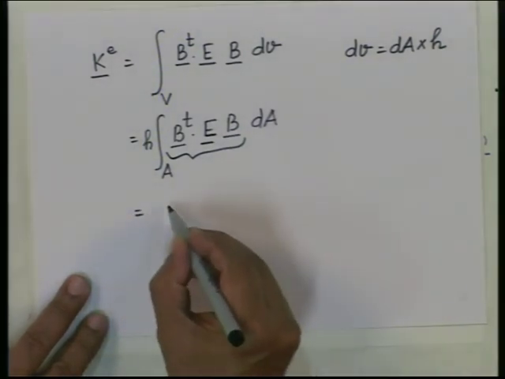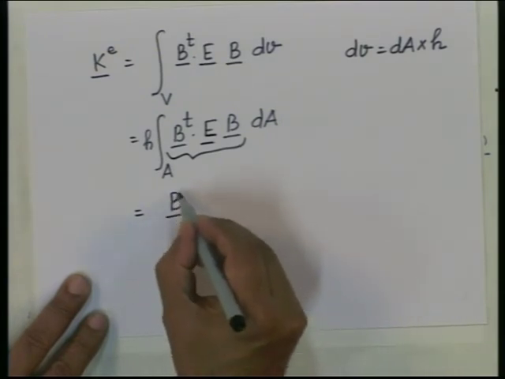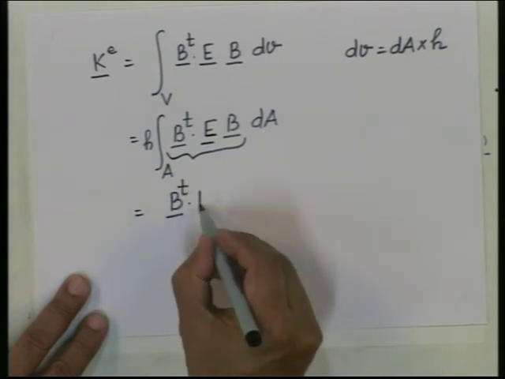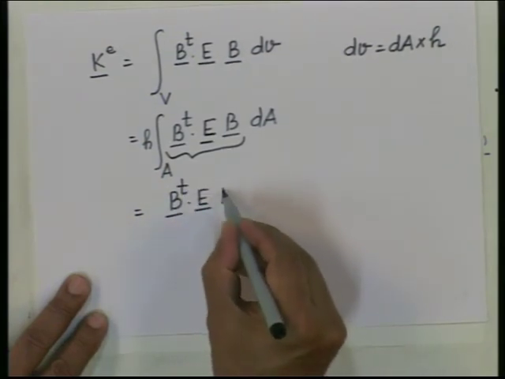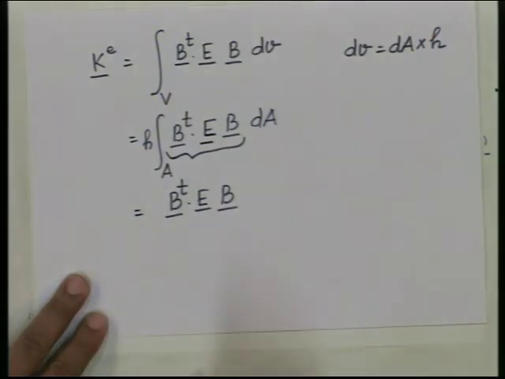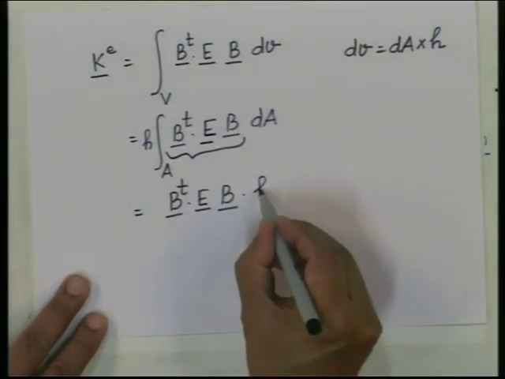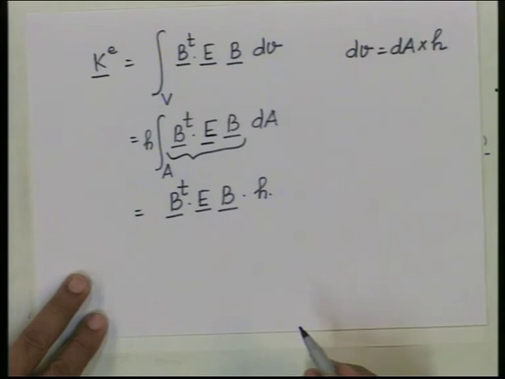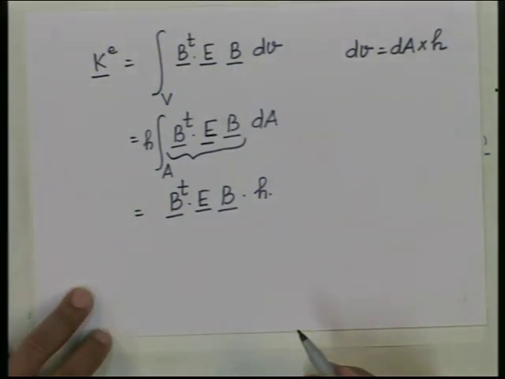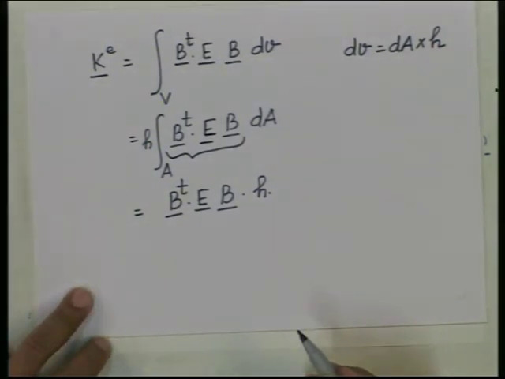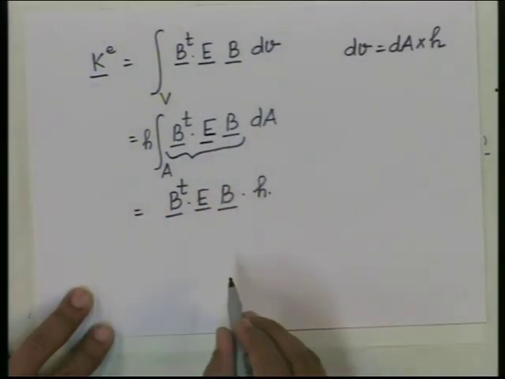You get simply B transpose E B times h into the area. The area of the triangle is delta.